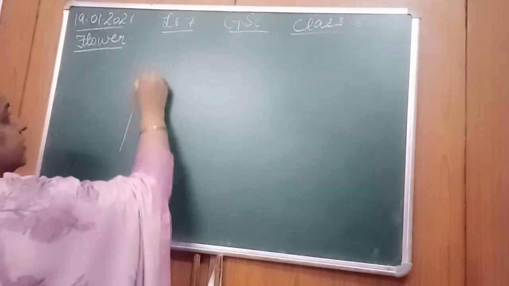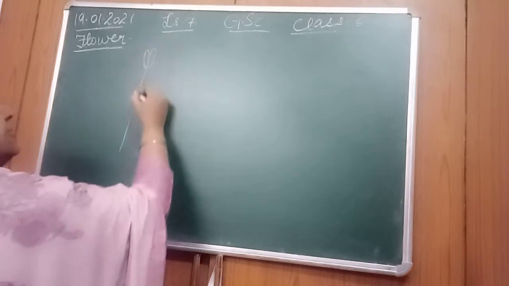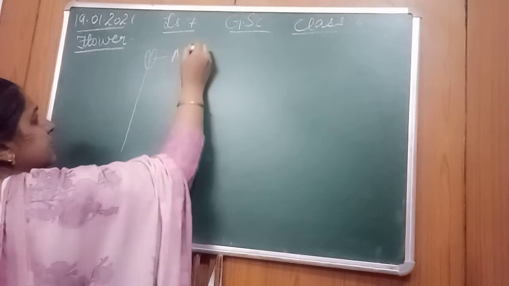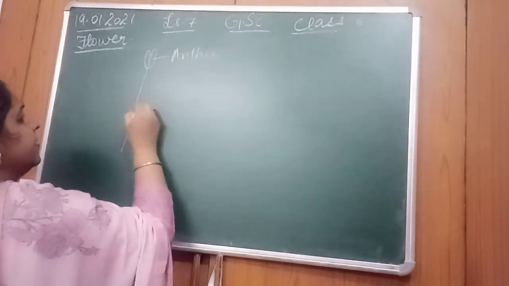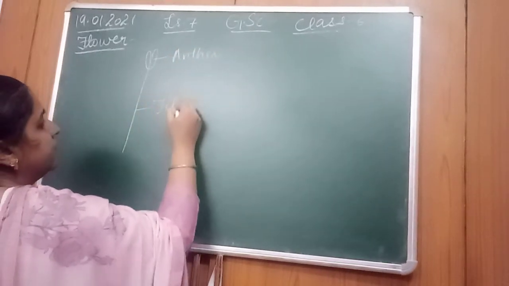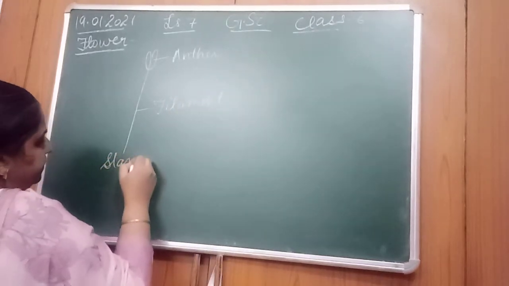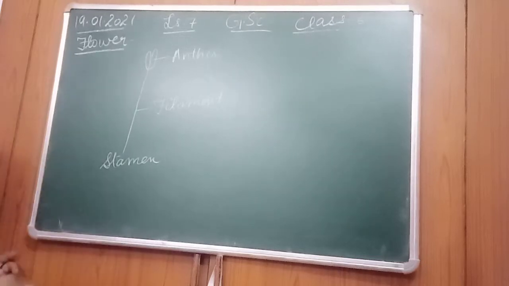So how to draw the stamen? Like this. This is anther. This is filament, right? And this is known as stamen. Clear? Is that clear, students?